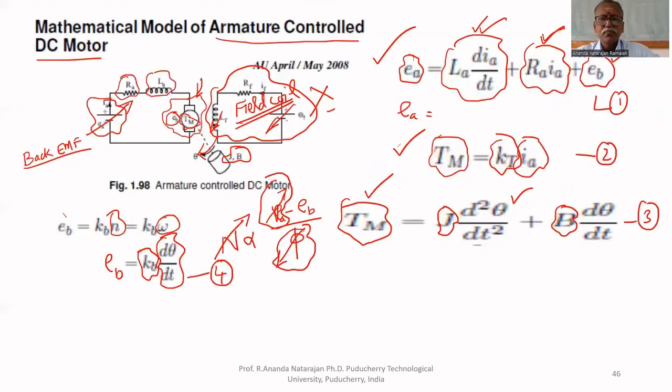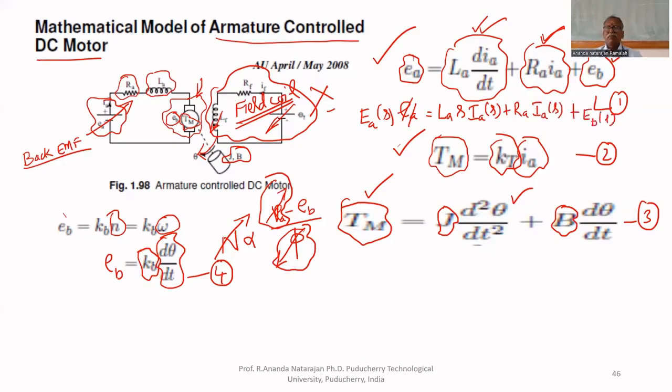Now we will obtain the transfer function. For that, we have to take the Laplace transform. EA of S equals LA S IA of S plus RA IA of S plus EB of S, assuming zero initial conditions.